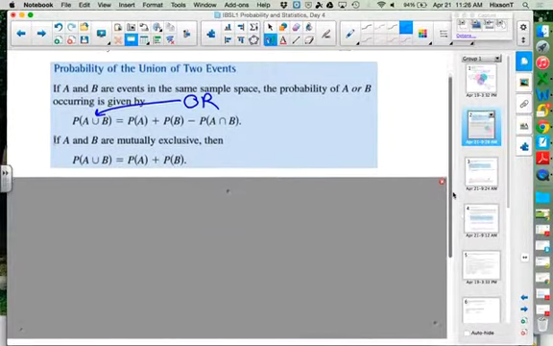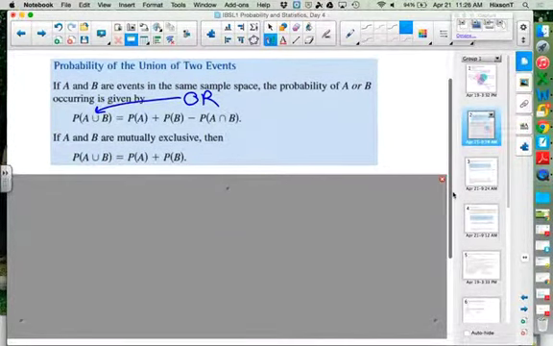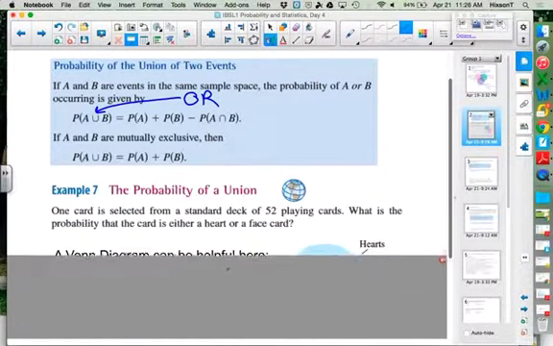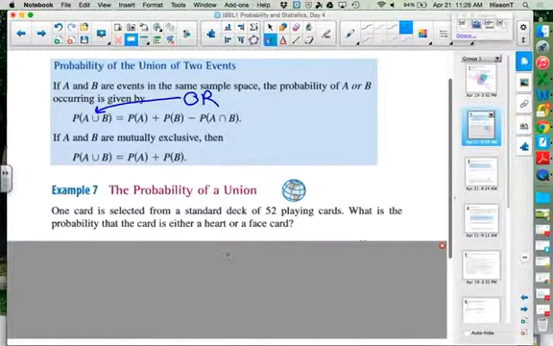Alright, so let's think through a couple of examples. First of all, looking at a couple of events that are not mutually exclusive. Let's say we're picking a card from a deck of cards. What's the probability that the card is either a heart or a face card? Those are not mutually exclusive because some of the hearts are face cards.